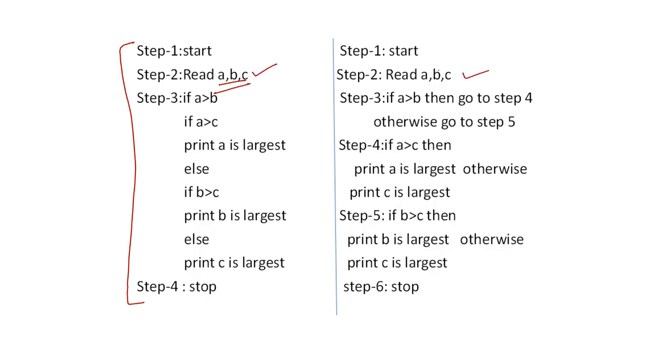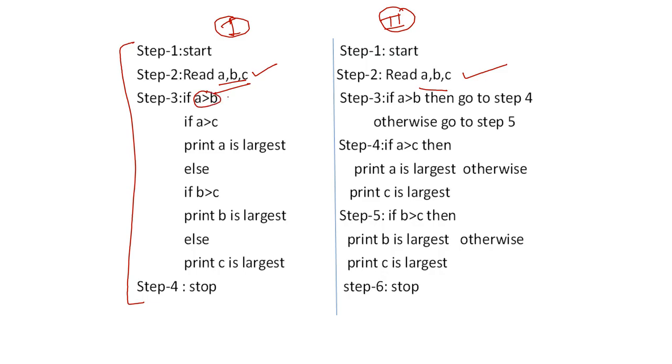In the same way, let's say this is part number 1 and this is part number 2. If you look, it is reading the inputs in both parts. Now, how are you going to process those inputs in such a way that you can get the largest number? It checks two inputs at a time.